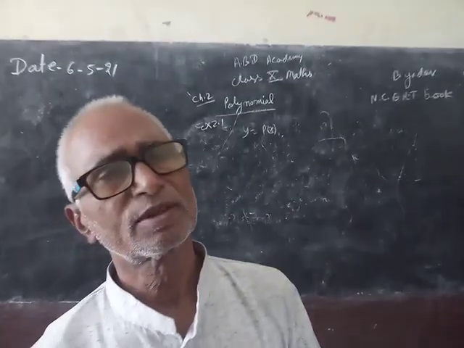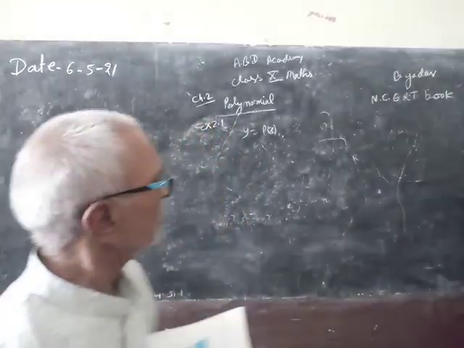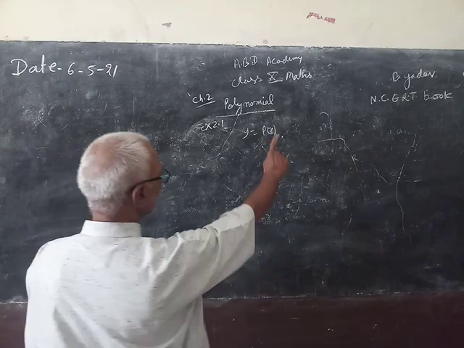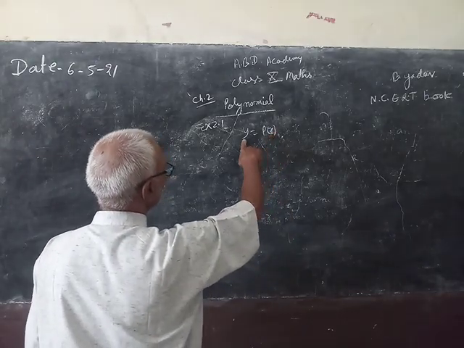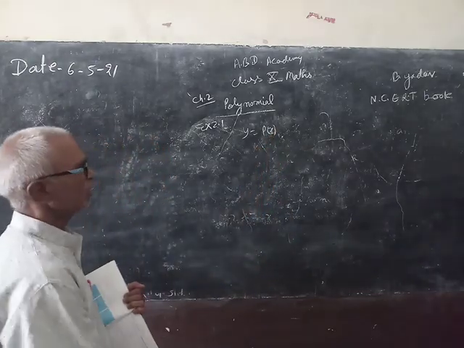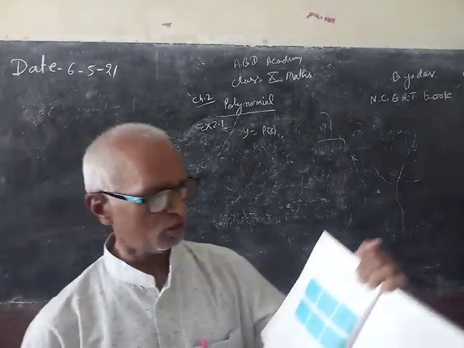Remember, y is equal to p(x), the values of x for which y is 0 are called zeros of the polynomial.